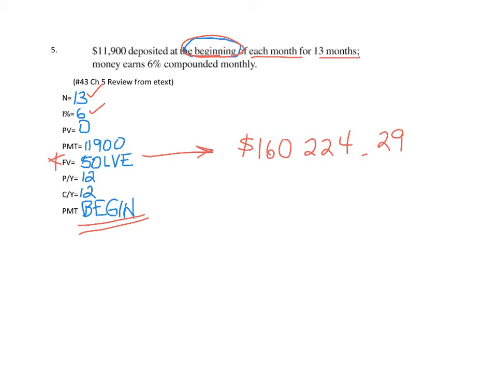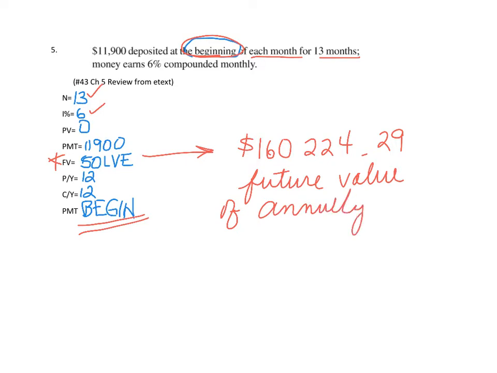$224.29. And this is the future value of an annuity due. And it's an annuity due because payments are made at the beginning.